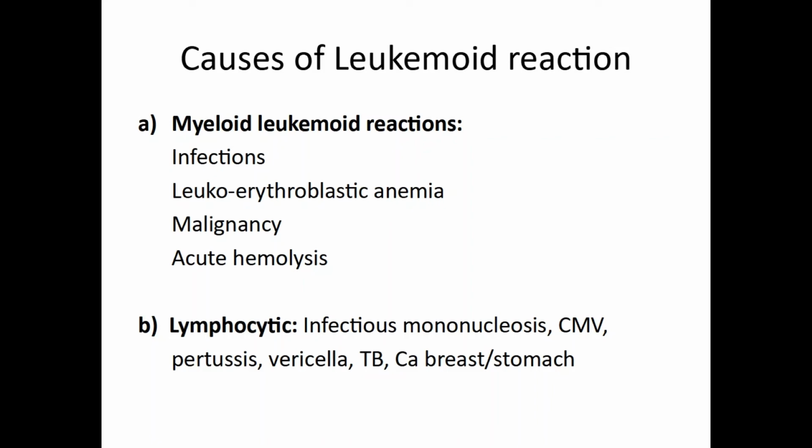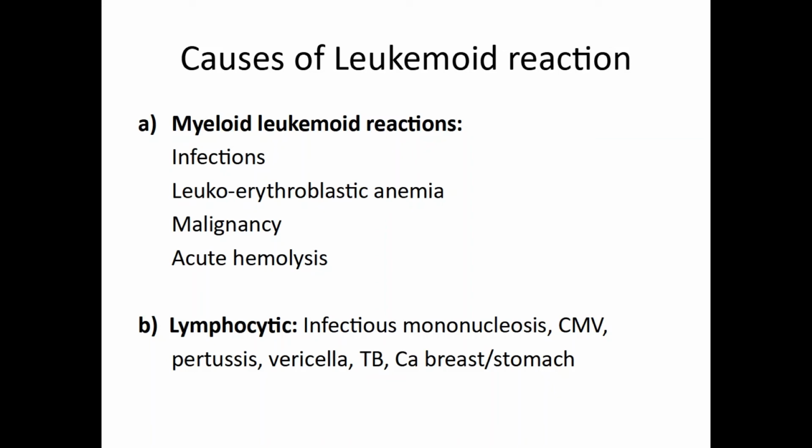Under myeloid leukemoid reactions, the causes include: first is infections, particularly bacterial infections. Severe infections like septicemia can give rise to myeloid leukemoid reaction. Then leukoerythroblastic anemia, which is seen in some hemolytic anemias, can give rise to leukemoid reaction. Then malignancies.